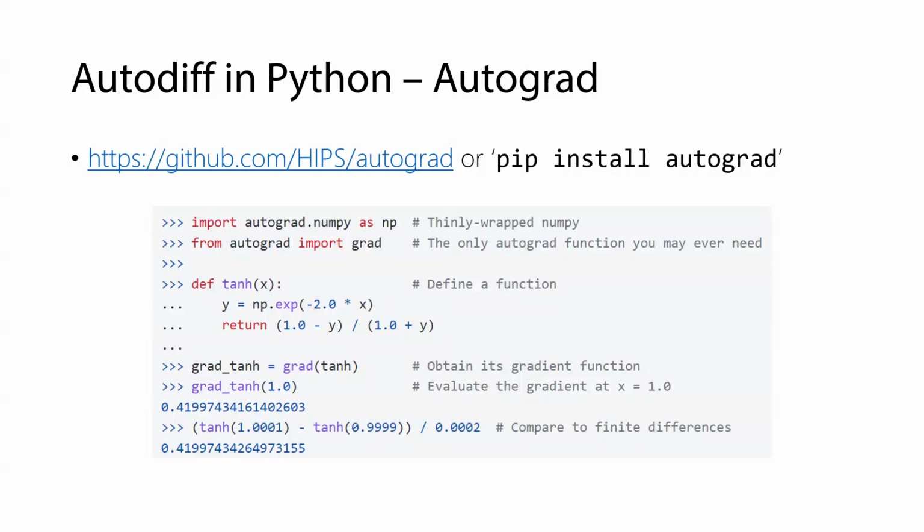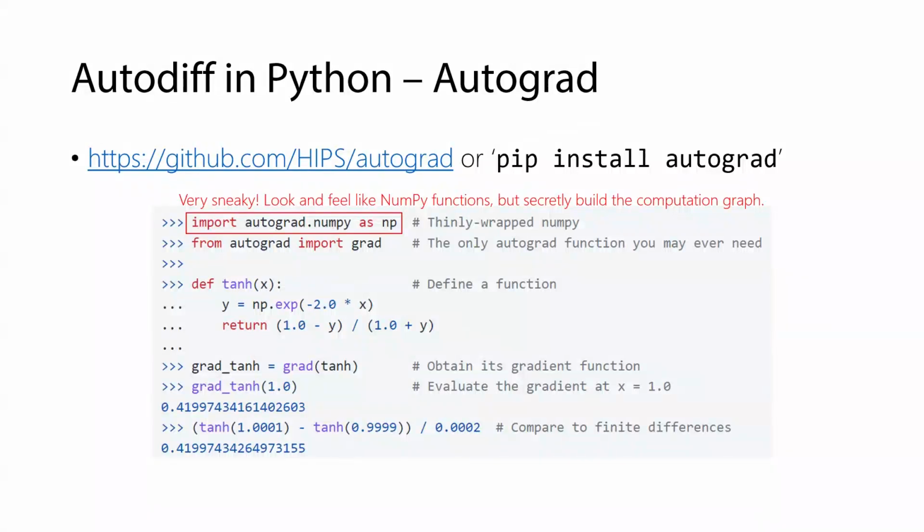AutoGrad can be imported like this. It's a very clever way. If you import autograd.numpy as np, then the usual NumPy code turns into something that's compatible with AutoGrad.